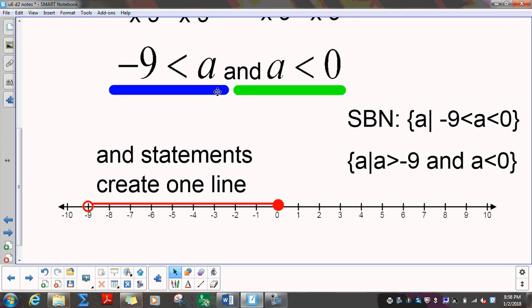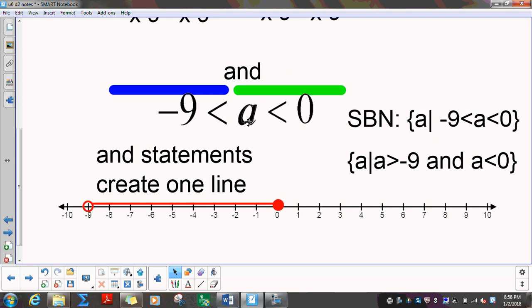Because they both have the a here, I can go ahead and combine them just like this to create one inequality if I wanted to make it truly compound. Or I can go ahead and write it with the word and. Those are both acceptable, and that's how you can write it in set builder notation. So however you want to write it is totally up to you.